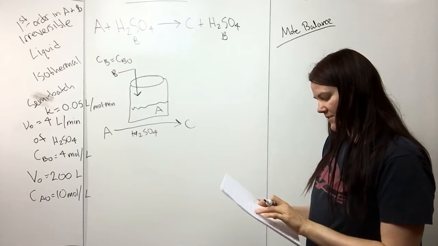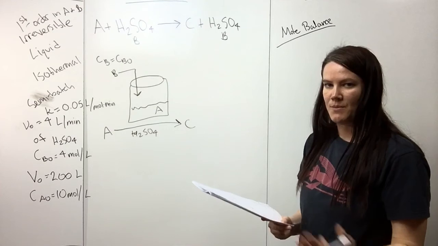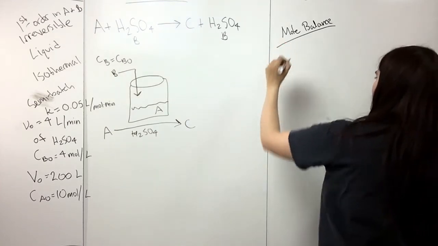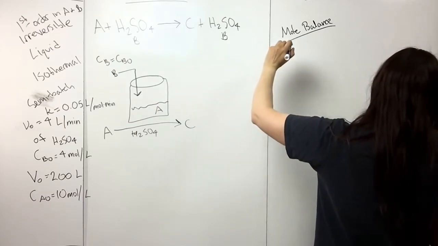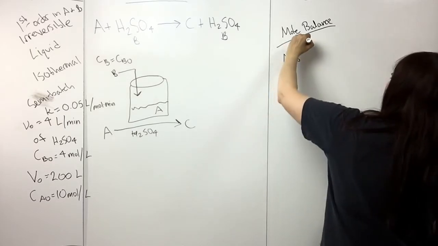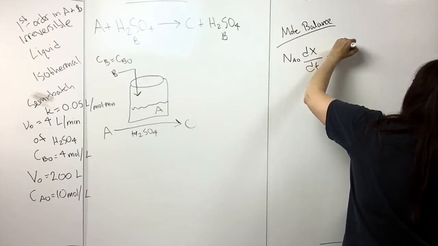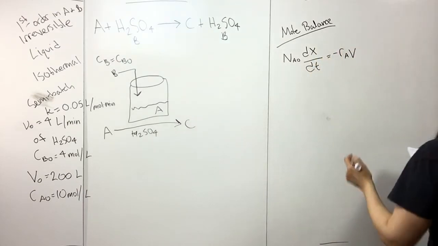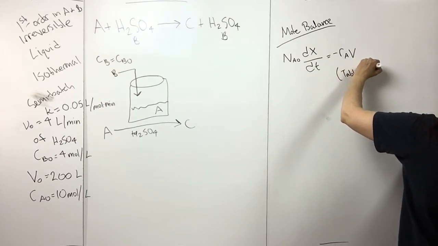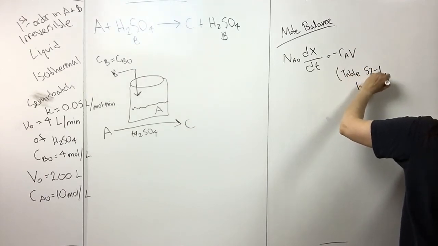Since it's asking for the relation to conversion, we need to use a mole balance that has conversion in it instead of the concentrations. And so the mole balance we want to use is this one: N A naught dX/dt is equal to minus r A V. This is on table S2-1 in the text for a batch reactor.